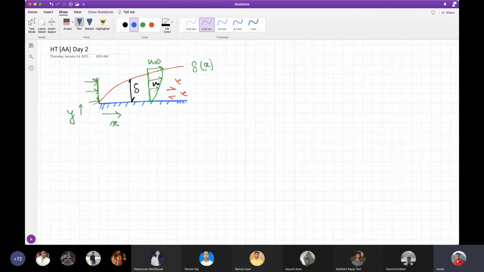Now what happens when the fluid particles come in contact with the surface? They would try to take the zero velocity. Now these particles will retard the motion of the particles in the adjoining liquid layer.